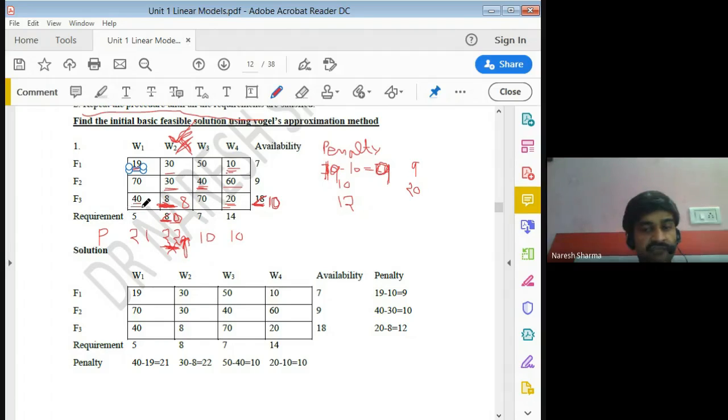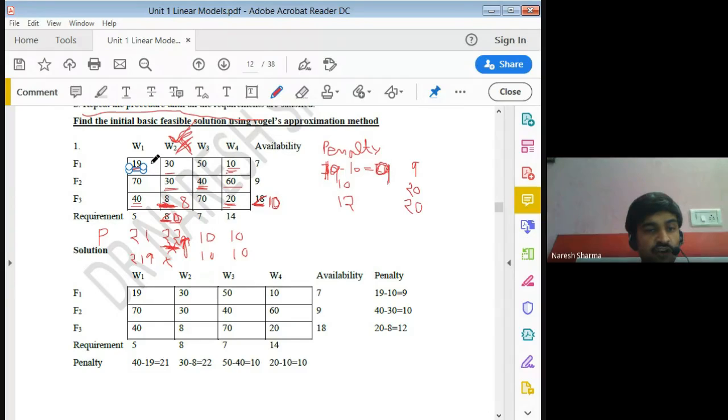Now here it is 40 and 20, then the difference is again 20. Column wise here you could take the difference, which is 21. Now you already removed your second column. So here 50 minus 40 is 10. This is also 10. Now you choose the maximum penalty here, which is 21.